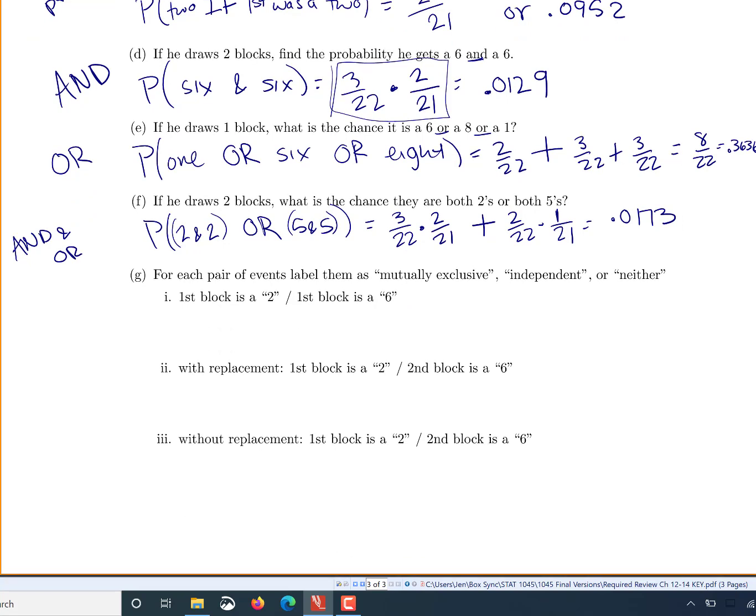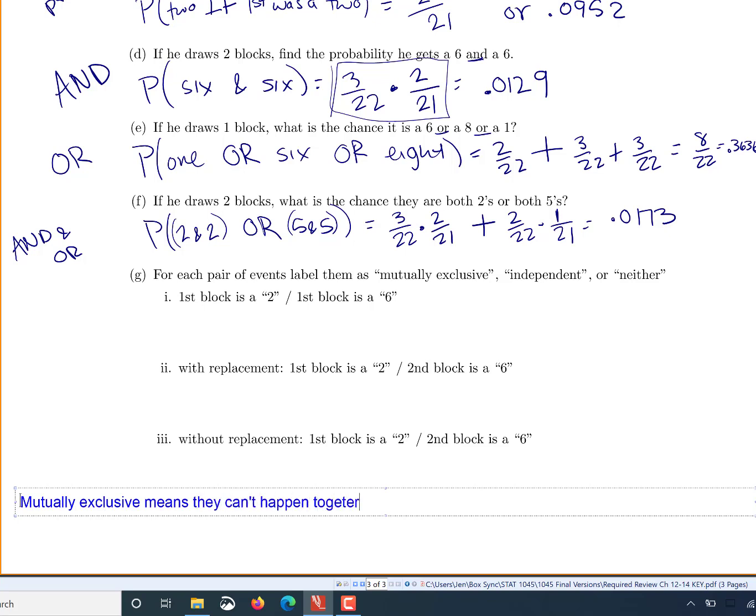So before we try and look at them, let's remind ourselves of the definitions. So mutually exclusive means they can't happen together or at the same time. It doesn't always have to be strictly time. To me, that definition just makes more sense. Like they can't happen together or at the same time.